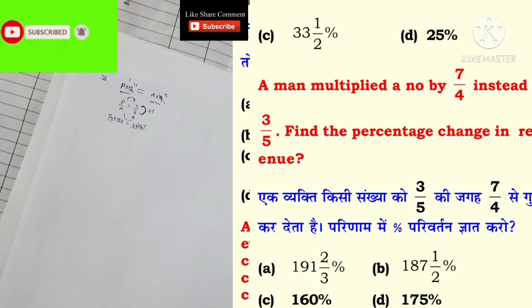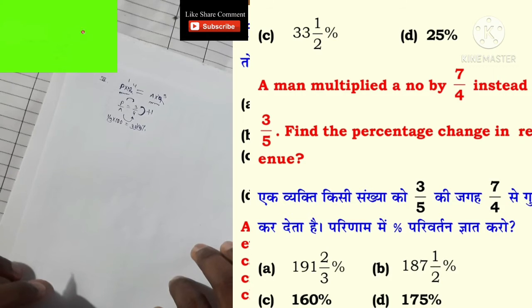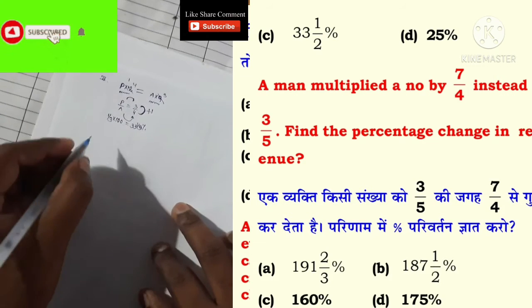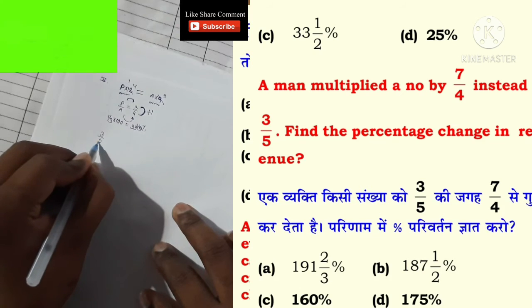A man multiplied a number by 7 by 4 instead of 3 by 5. Find the percentage change in revenue. So first you have to multiply the value with 3 by 5.